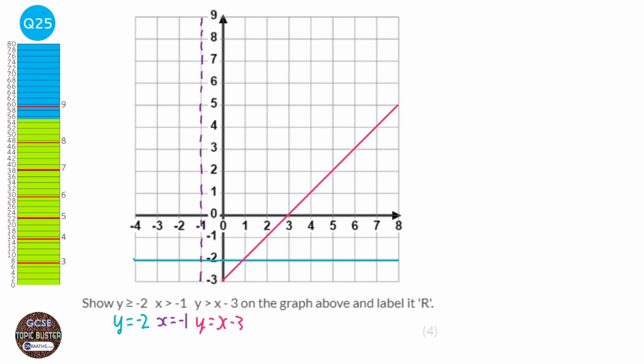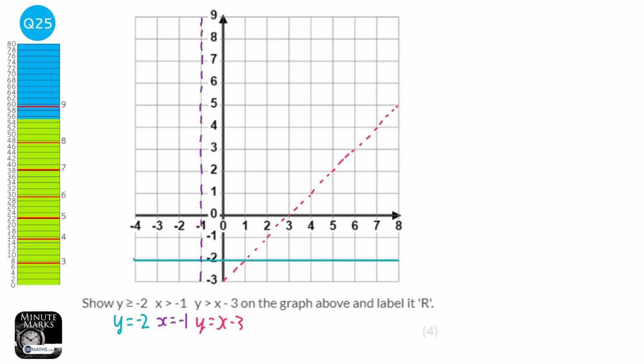But it's going to be dashed because we don't have an equal to. So it's going to be a dashed line like that. So if they have an equal to underneath, then it will be a solid line. If they don't have an equal to underneath, it will be a dashed line.